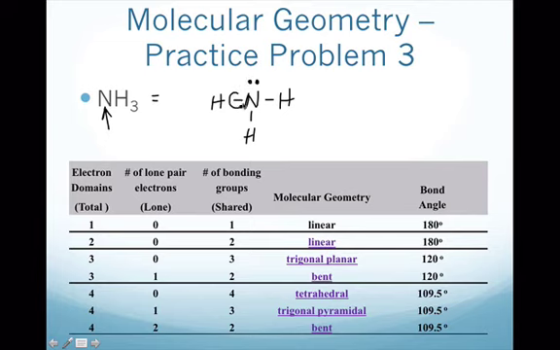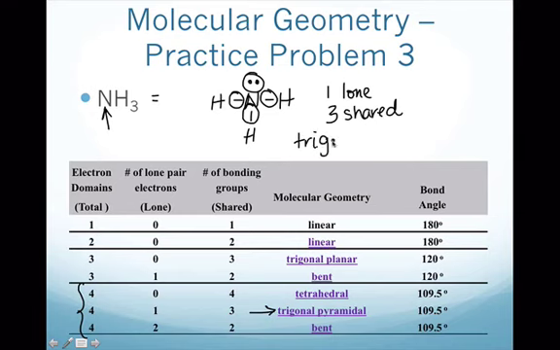So nitrogen has 1, 2, 3, 4 electron domains. So again, it could be any of these three. It has 1 lone, and it has 3 that are shared, those bonded ones. So I look for the 1 lone, which is right here, 3 shared. It's trigonal pyramidal, and it has 109.5.